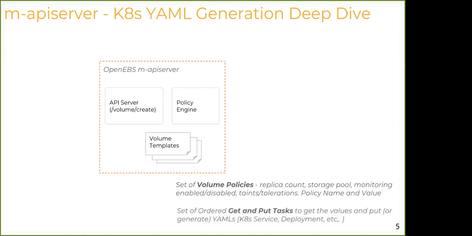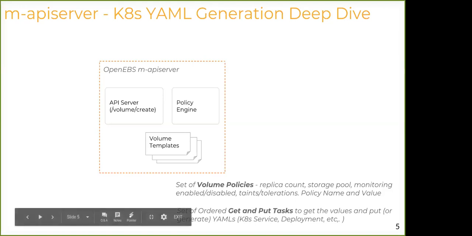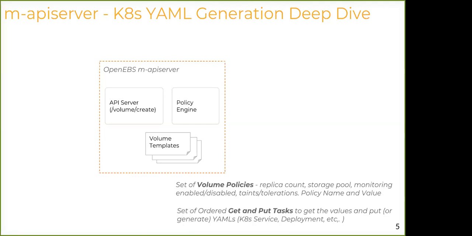Okay. So there is a set of ordered get and put tasks to get the values and put the YAMLs. Volume policies are the ones that have a policy name and a value, right? However, the volume template has an additional thing called tasks.